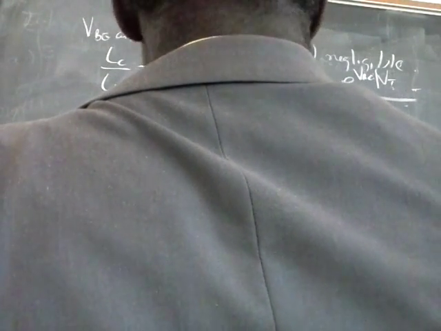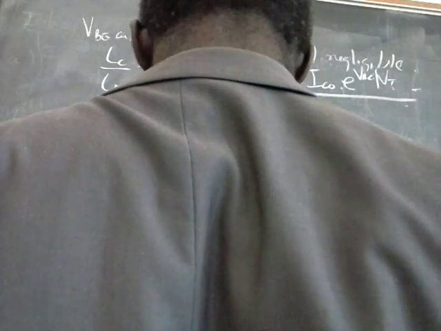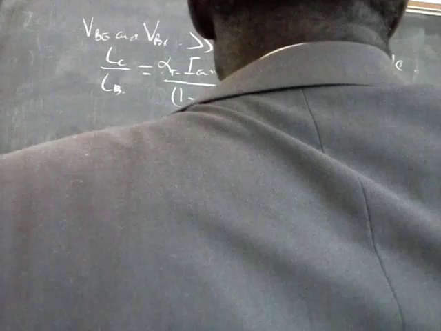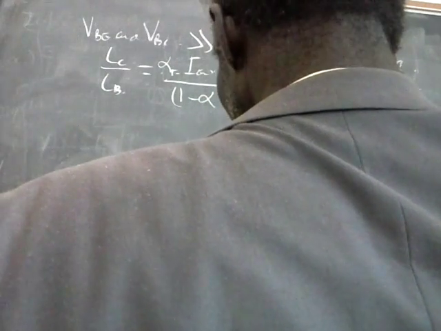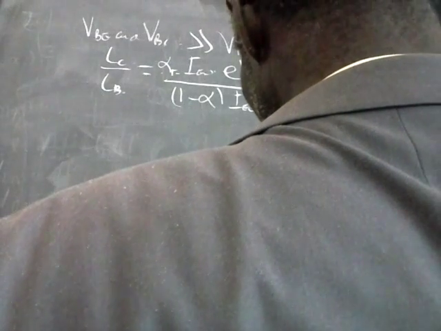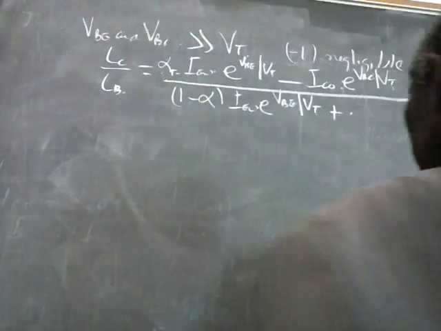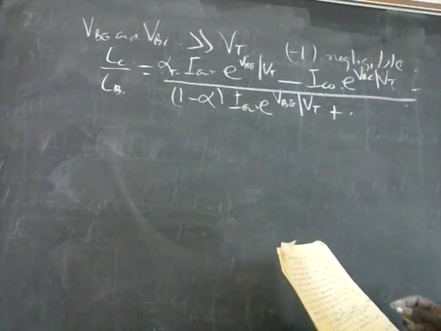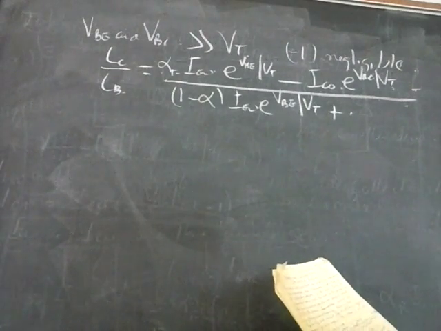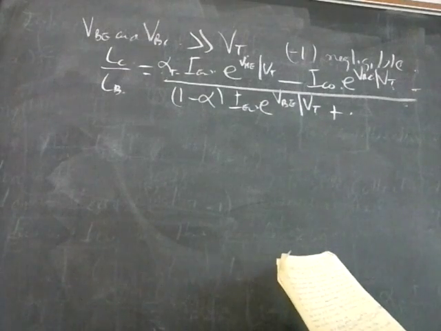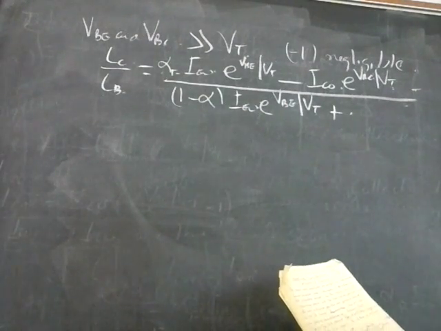saturation IEO, diode saturation current, E to the V base-emitter over VT. And the one again is negligible, so we are just leaving out the minus one, which appears in all these equations, by choosing VBE and VBC in such a way that they are much greater than VT, so that the minus one is negligible.